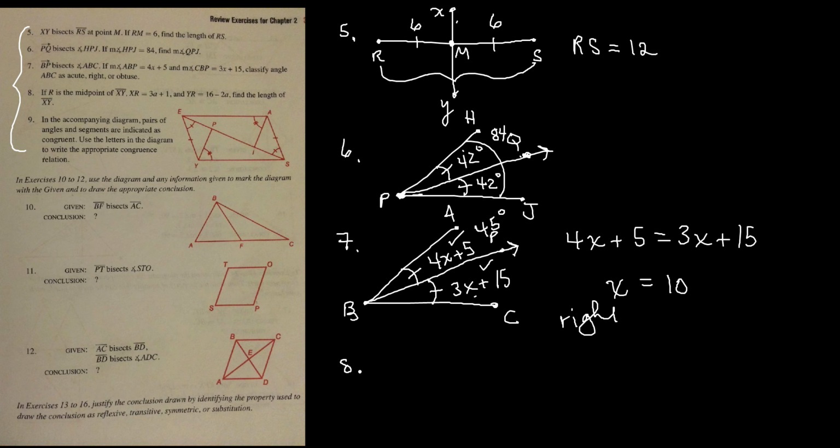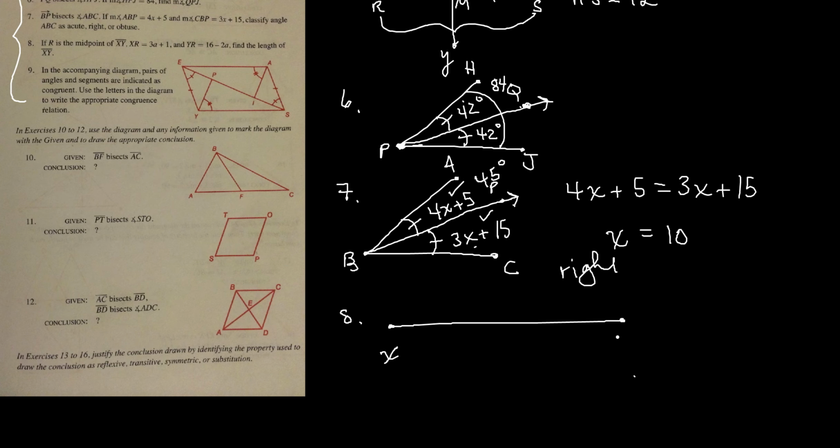All right, 8. If R is the midpoint of XY, find the length of XY. So let's just draw the segment. The segment is XY. And R is the midpoint, which means it's going to be right in the middle.